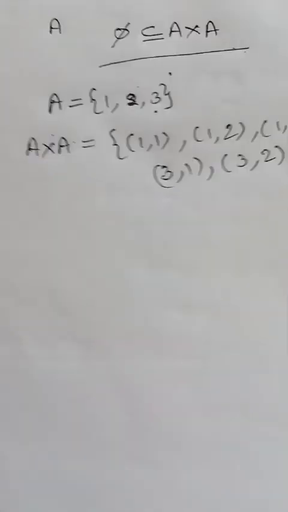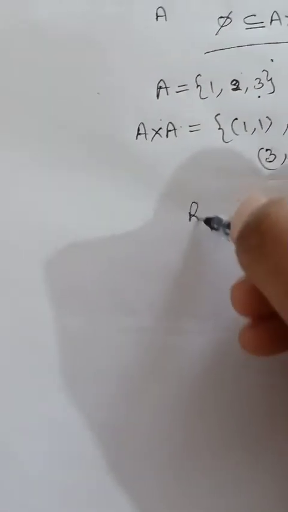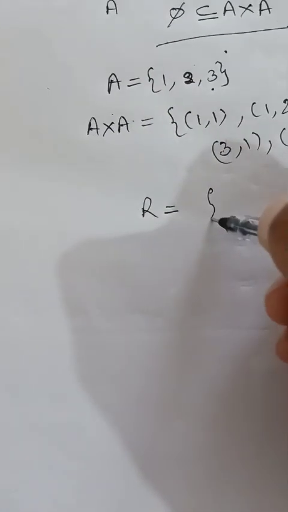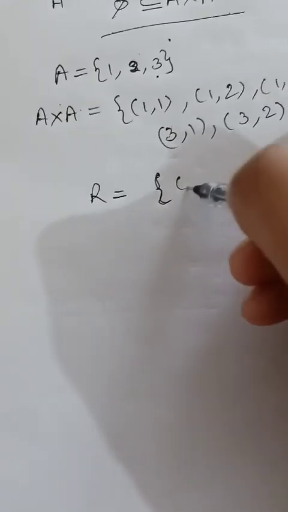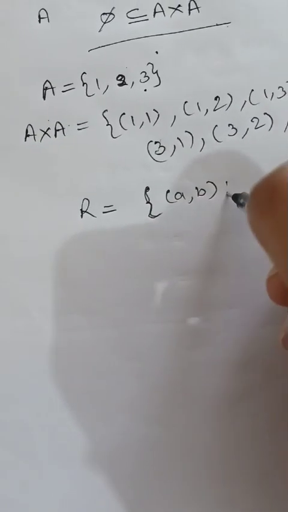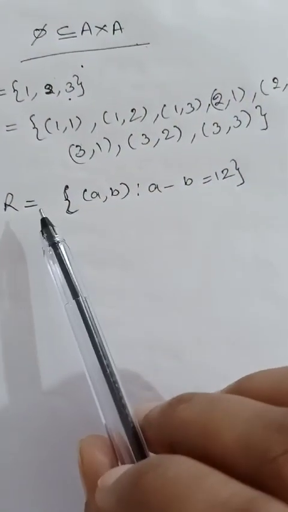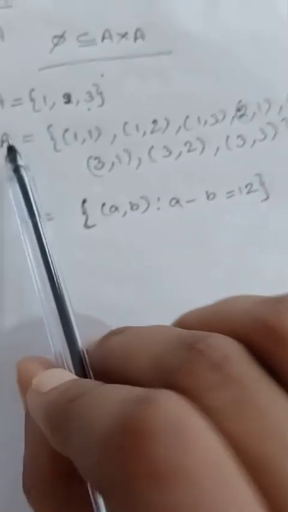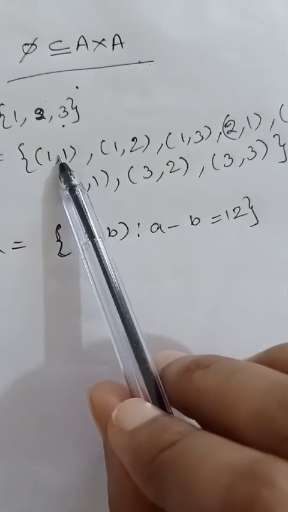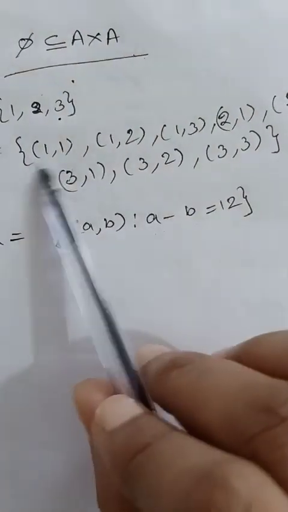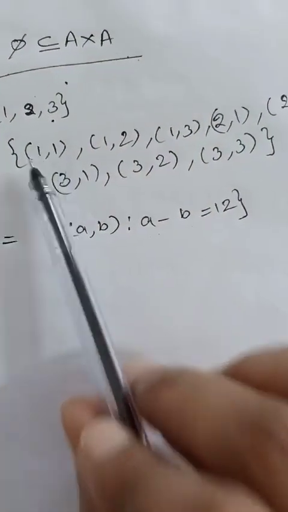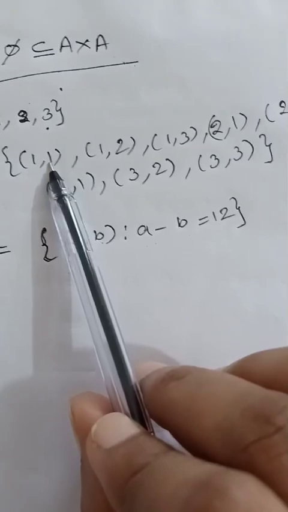Now take any relation R = {(a,b) such that a minus b equals 12}. This is a relation. ठीक है. Now observe this relation on the cross product A cross A. If you apply this relation here, a is the first term, and b is the second term or component.